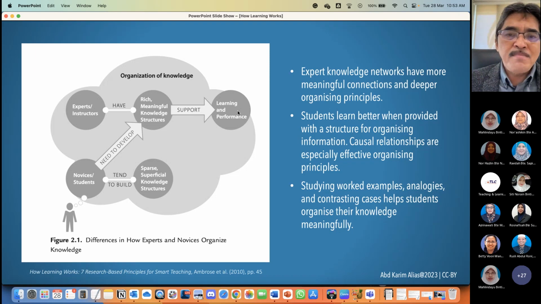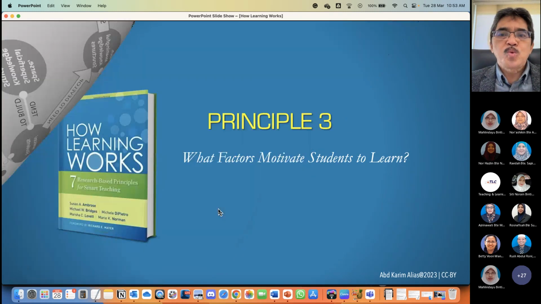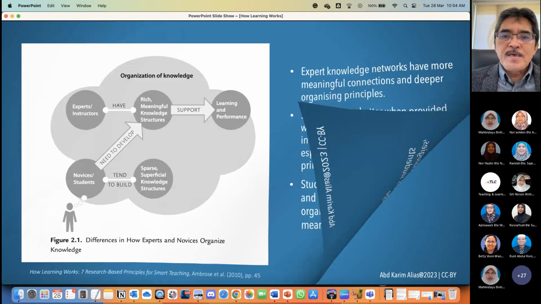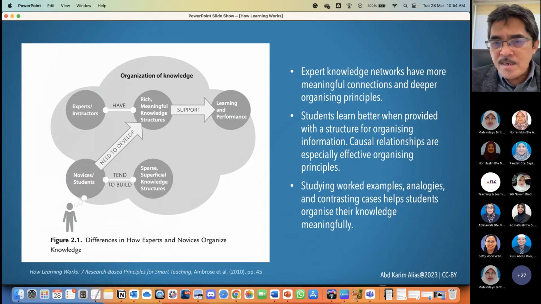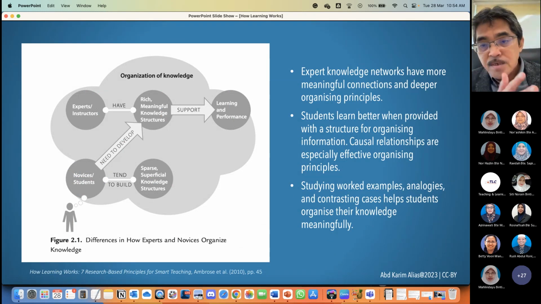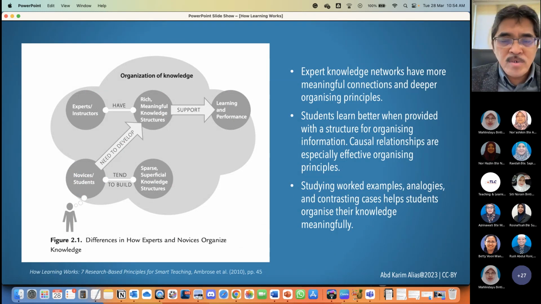And that will support them to learn, to achieve the learning outcome, and achieve certain performance. That's basically principle number 2. Okay. In other principles, we will come back to this one because they are related to each other as well.